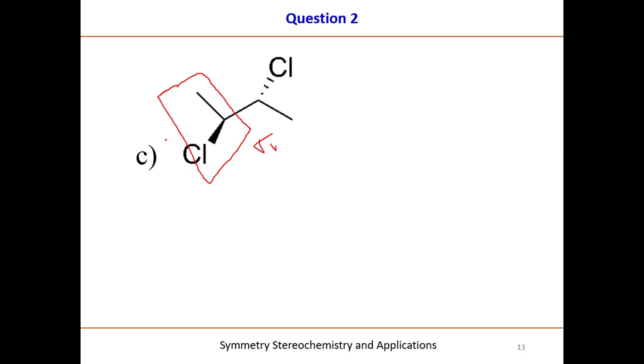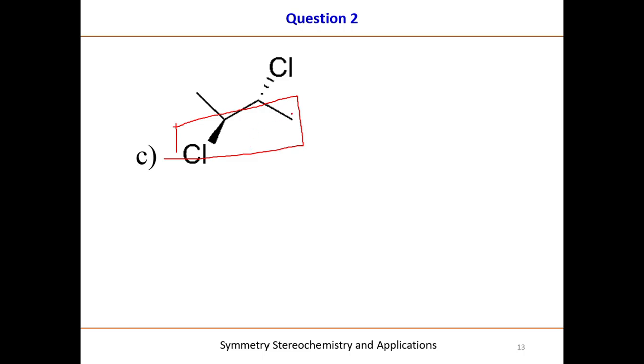Now we will cut the molecule, sorry, when we pass the plane here, we observe that again this plane is not giving the same configuration compared to the previous one.